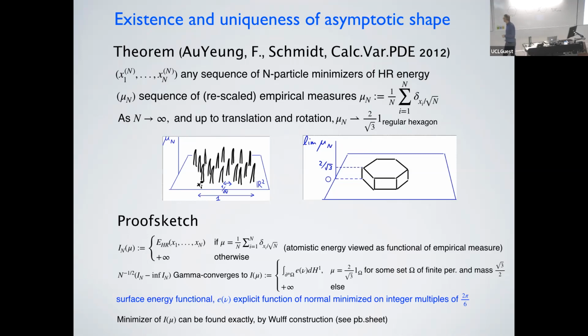It's a uniform measure on some set, and the set satisfies a variational principle, namely it minimizes a certain surface energy. You integrate a function of the normal over the boundary. So it's a surface integral. Among all shapes of the same volume, it minimizes a certain surface energy, which we figured out explicitly, and which favors these three crystalline phases. We also computed how costly it is to have a wrong interface, which is not a lattice interface.